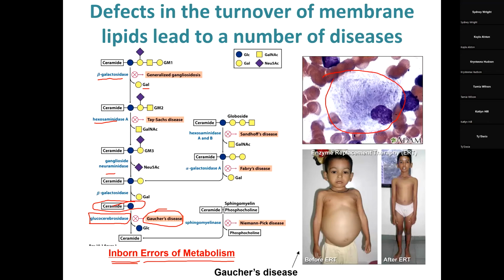And so the cell swells, and typically the nucleus moves over to the side, and it causes swelling of the liver and the spleen. So this poor child here has got a swelling of the liver and spleen, giving them the big belly.